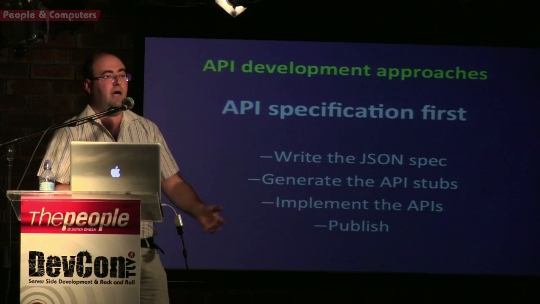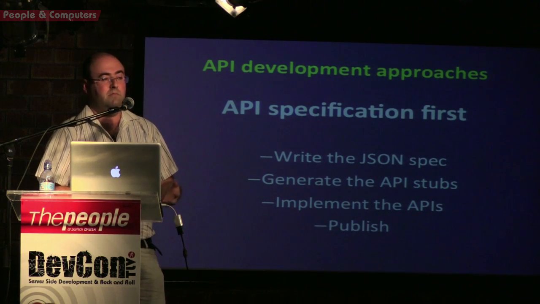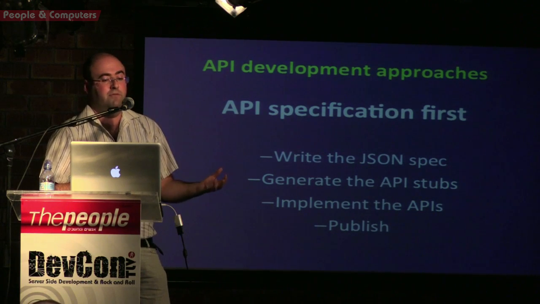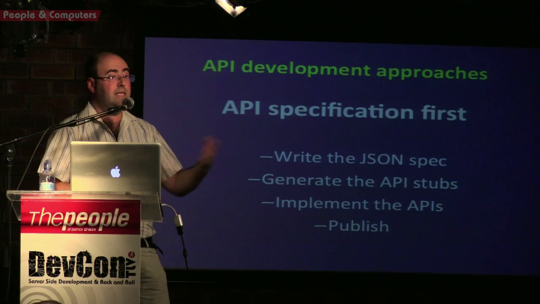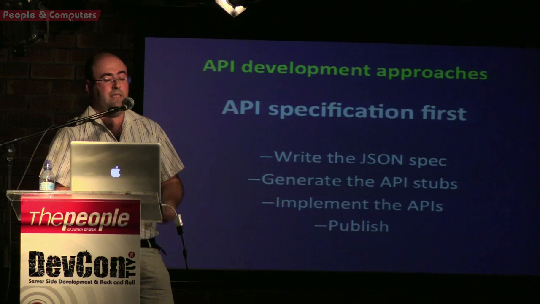You can start with the specification first. You can write the JSON that specifies the API, and then you may have two different teams run in parallel. The client-side team can just take these specs, these JSON files, generate the client code, and embed it in the client-side application.